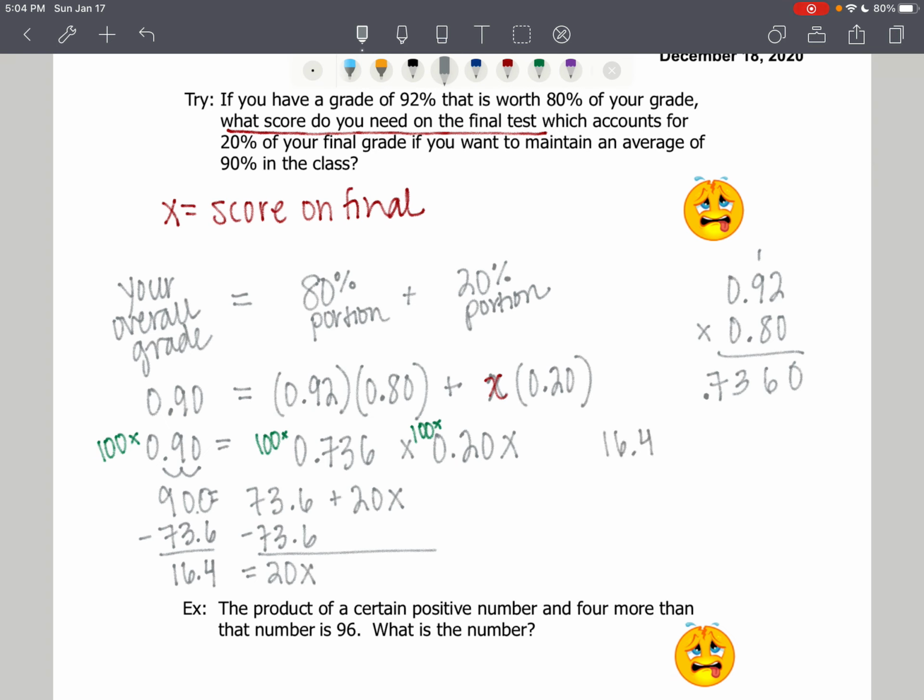So I just have to divide both sides by 20, and at this point I'm going to let you use your calculator. Go ahead and press pause if you're still fumbling with your calculator. And I got 82%. So I need an 82% on the final to get a 90% in the class.